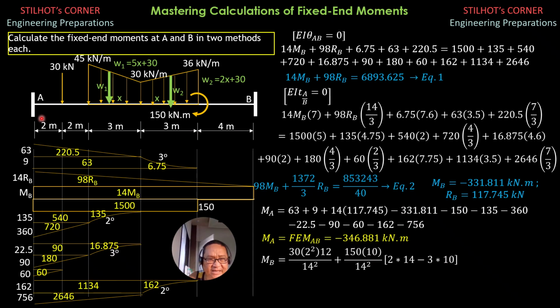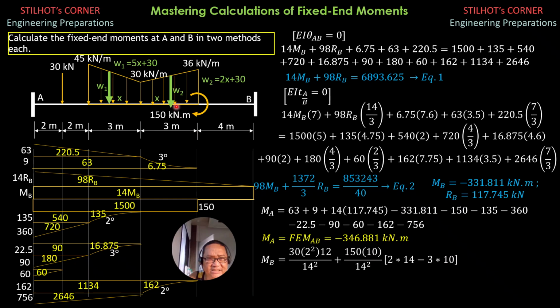So PA is treated 2 over 2 square times 12 over 14 square. For the moment, it is moment B, so it is moment times A, where A is this distance here, 10, divided by L square, quantity 2L minus 3A.